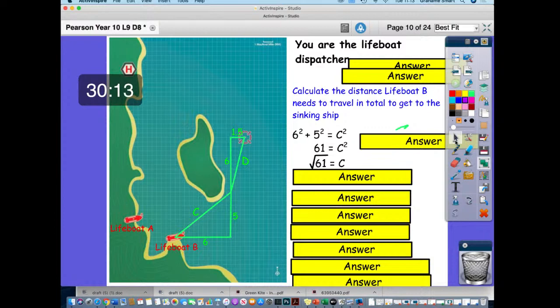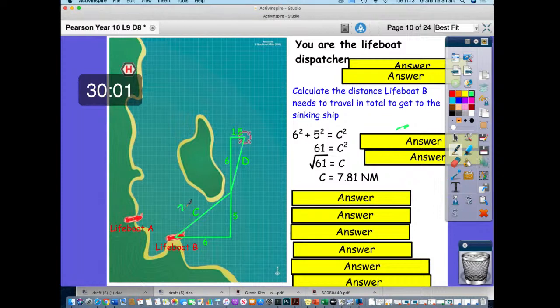I've then square rooted 61 to give me my length of C, and that is 7.81 nautical miles to 2 decimal places. So you can see that's C calculated. So that bit there is 7.81 nautical miles.